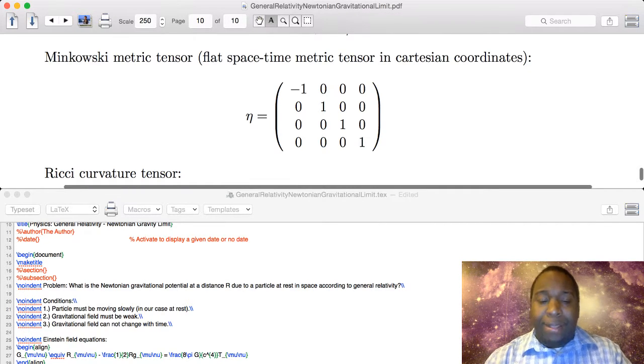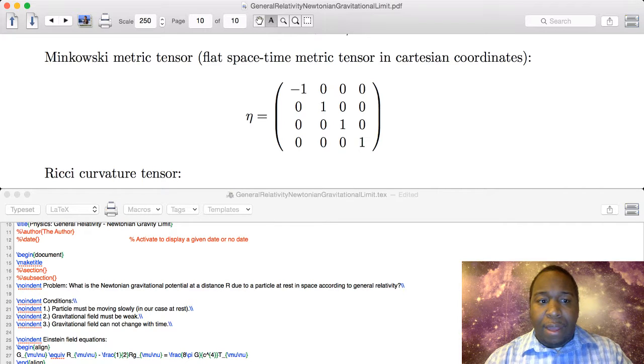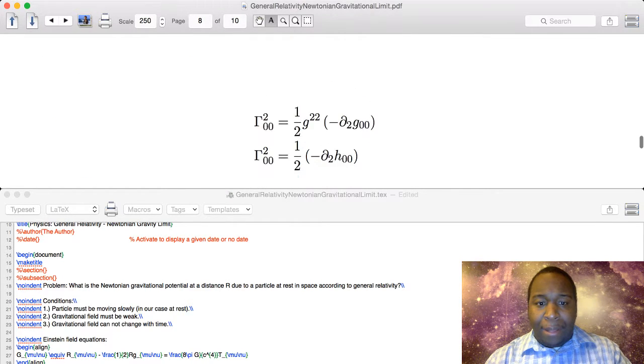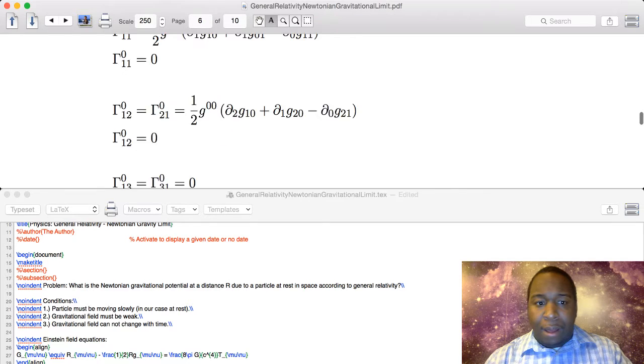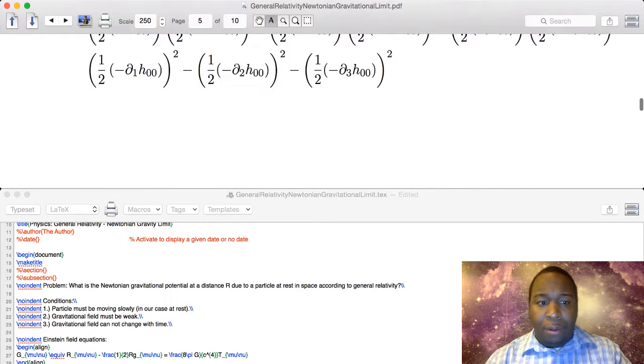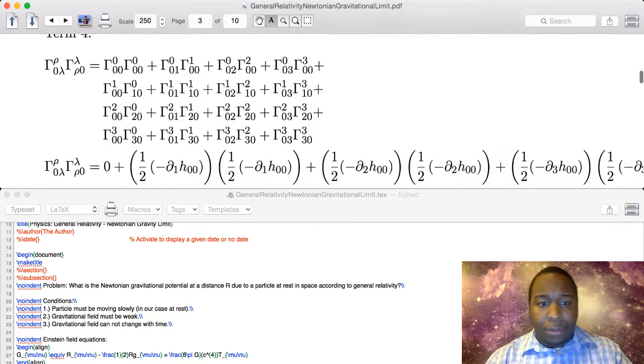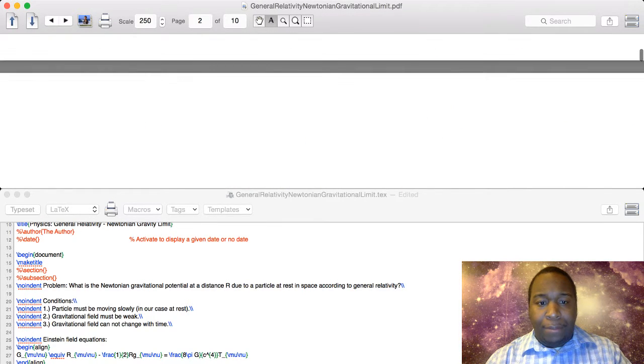But we've slightly modified it by adding on the elements that you'd get for your small perturbations. Let's scroll back up. There we go.